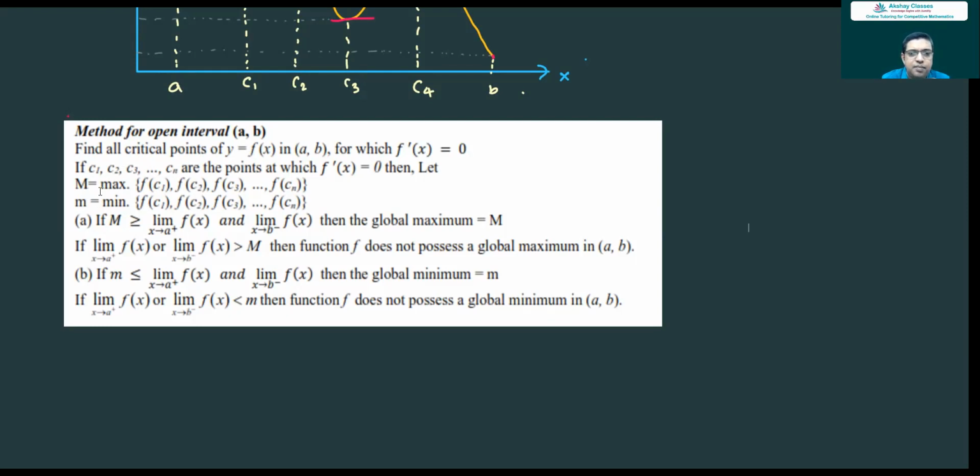So capital M is the largest value among all of f of C1, f of C2, f of C3, and so on. And small m is the least among f of C1, f of C2, f of C3, and so on.